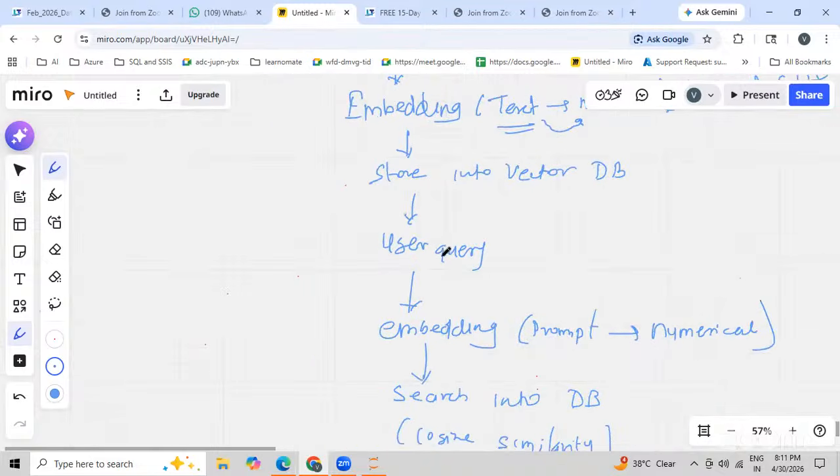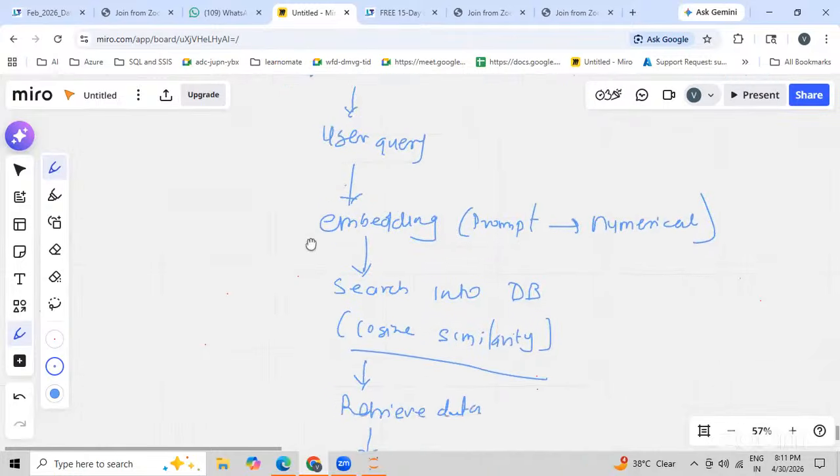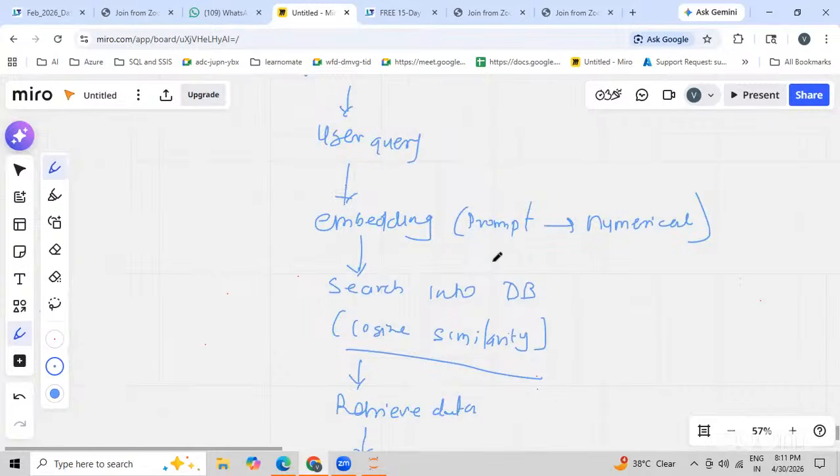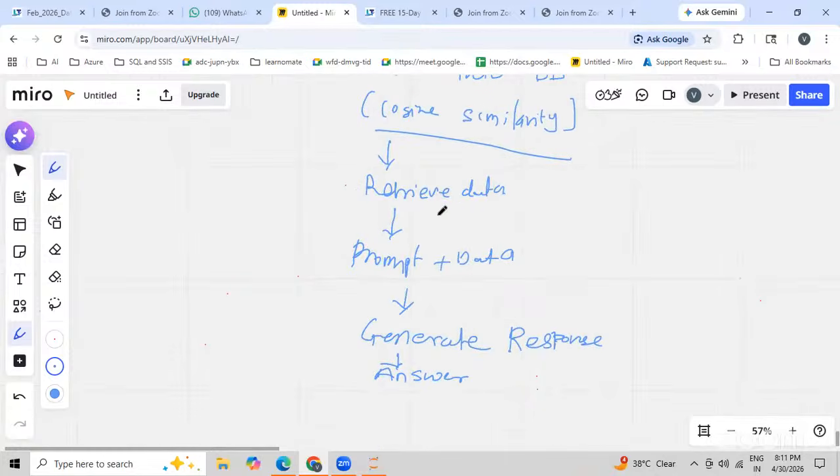Suppose the user puts in a prompt. That prompt is again converted into an embedding, and then they search the database to see what the prompt is related to. They check what information you require, retrieve the data, and send this data and prompt to the LLM. Then the LLM generates the response and gets back to you with the answer. So these are the steps they follow every time.